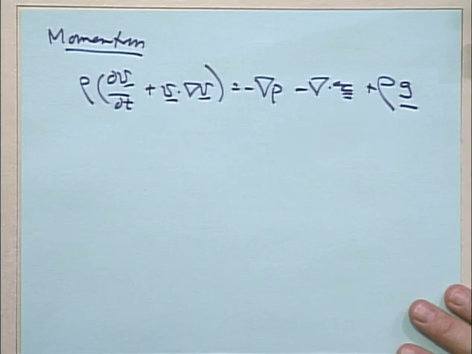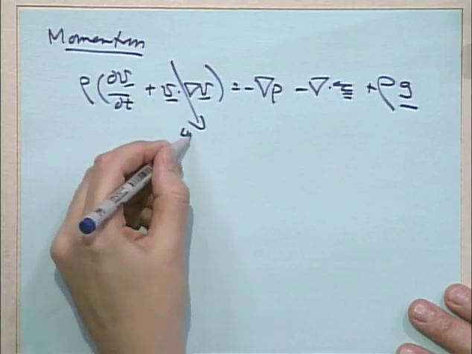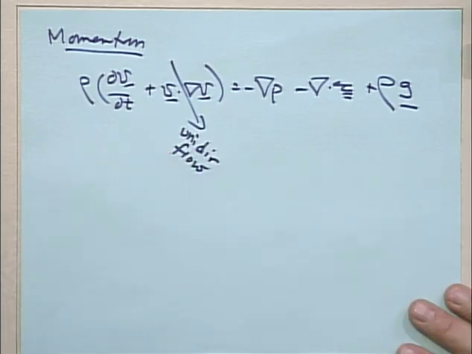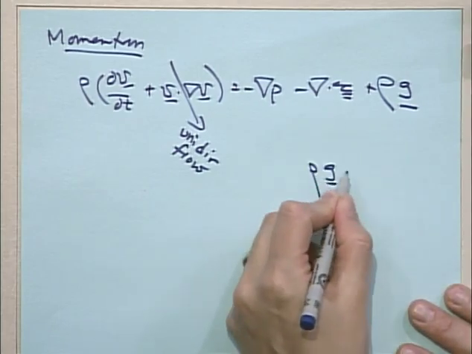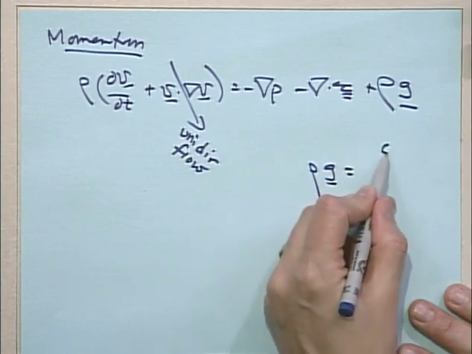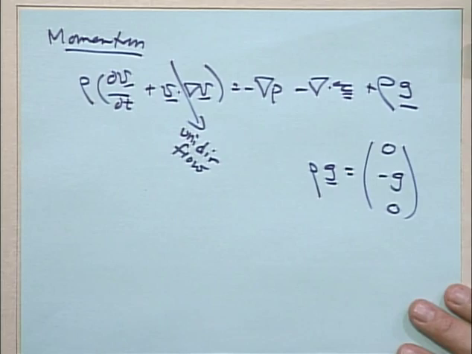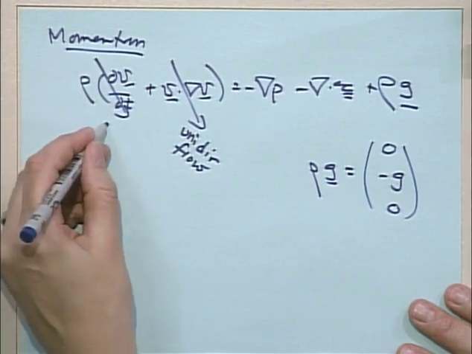Well, the del P will only have one direction. Unidirectional flow. What else? You can say that rho g would be 0, negative g, 0. Right? Anything else? dv over dt is 0, because steady state.